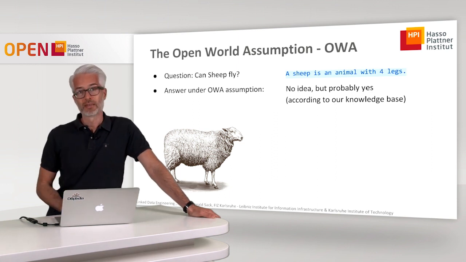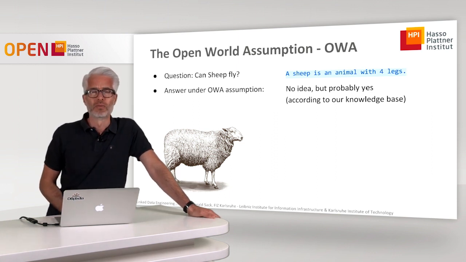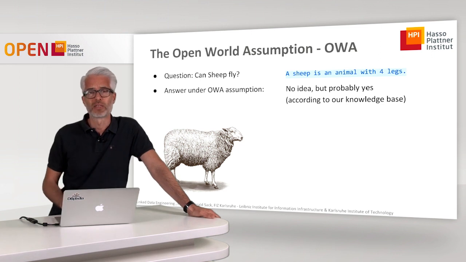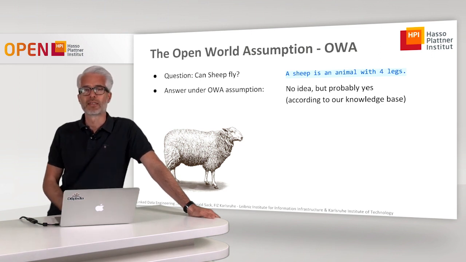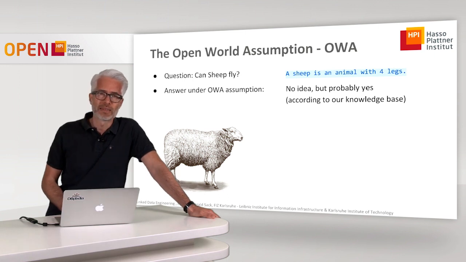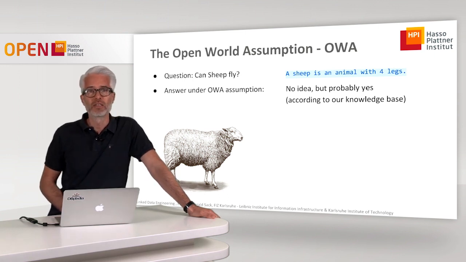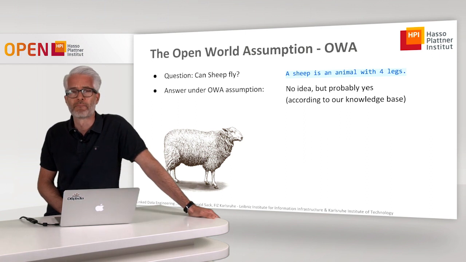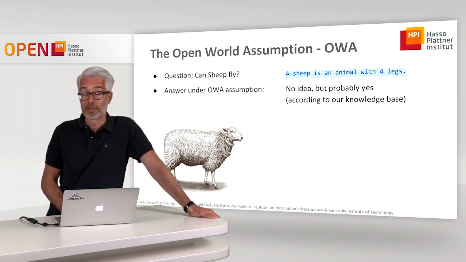Here in the blue box, you see our knowledge base. What is in the knowledge base? It's simply expressed here in natural language. It says a sheep is an animal with 4 legs. Now we ask the following question. Can sheep fly? Good question, you might say. But according to our knowledge base, we can't say.